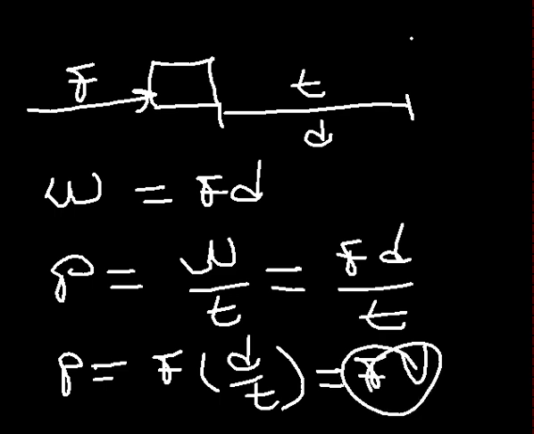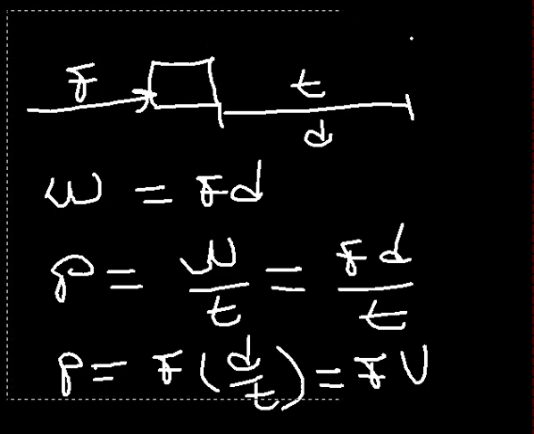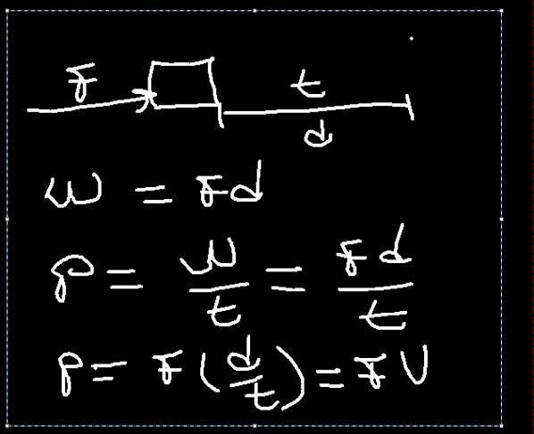This is another formula for power you can think about. So if you have the force as well as the velocity, you can find the power using that formula. The velocity has to be given in meters per second, and the time has to be in seconds as well.